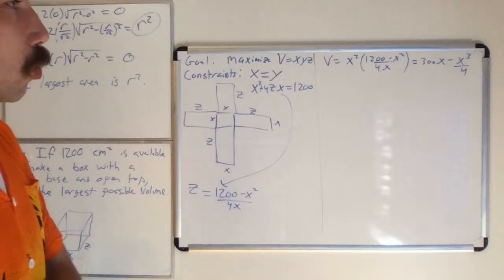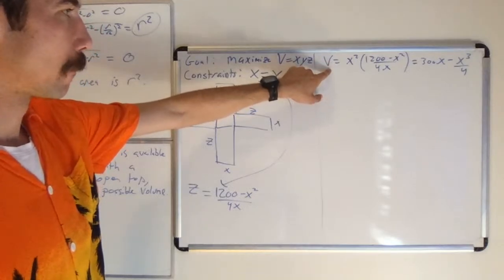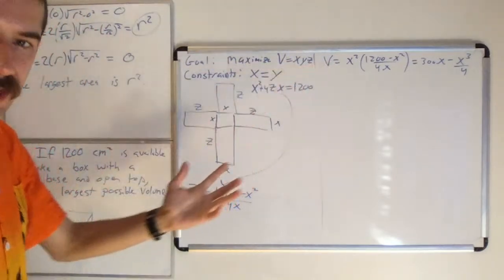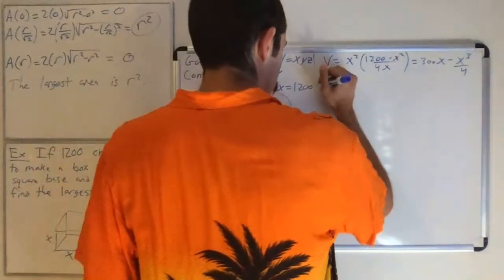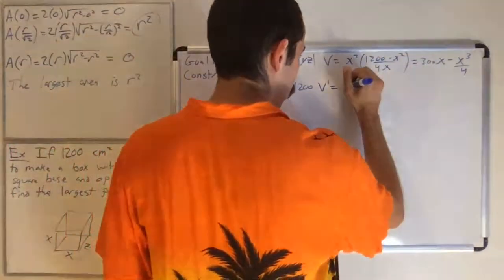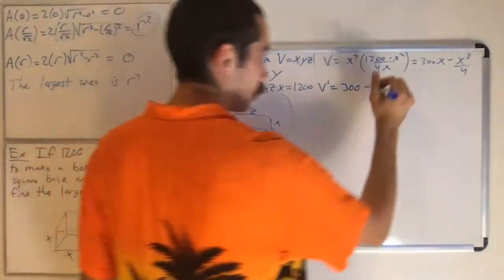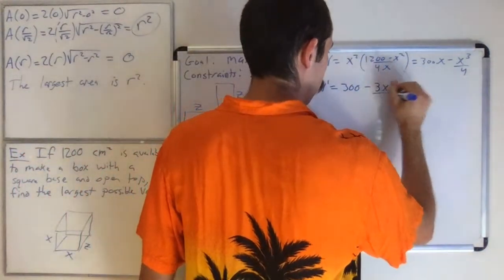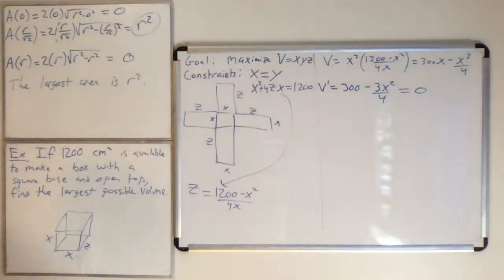Yeah, so we want to maximize this function. So let's take its derivative. So that's 300 minus 3x squared over 4. And we'll set it equal to 0.